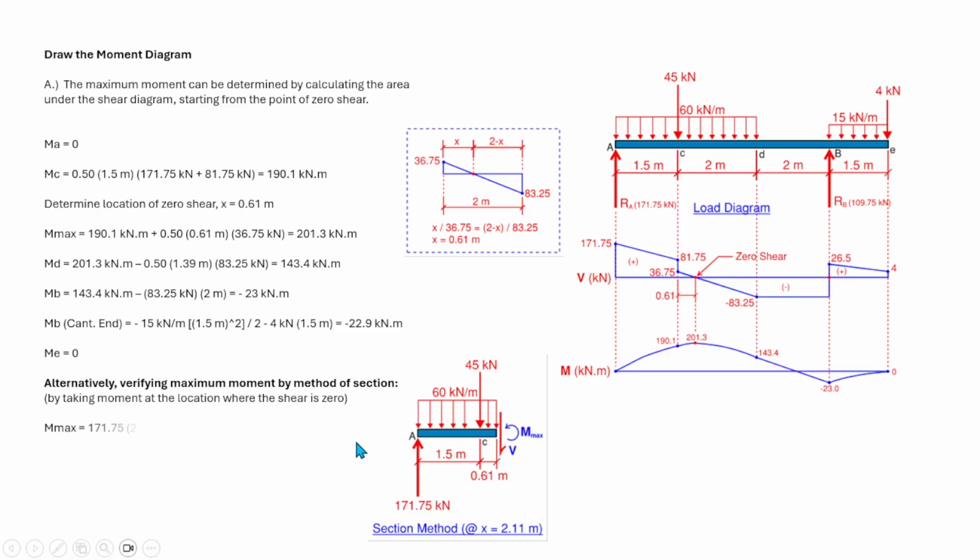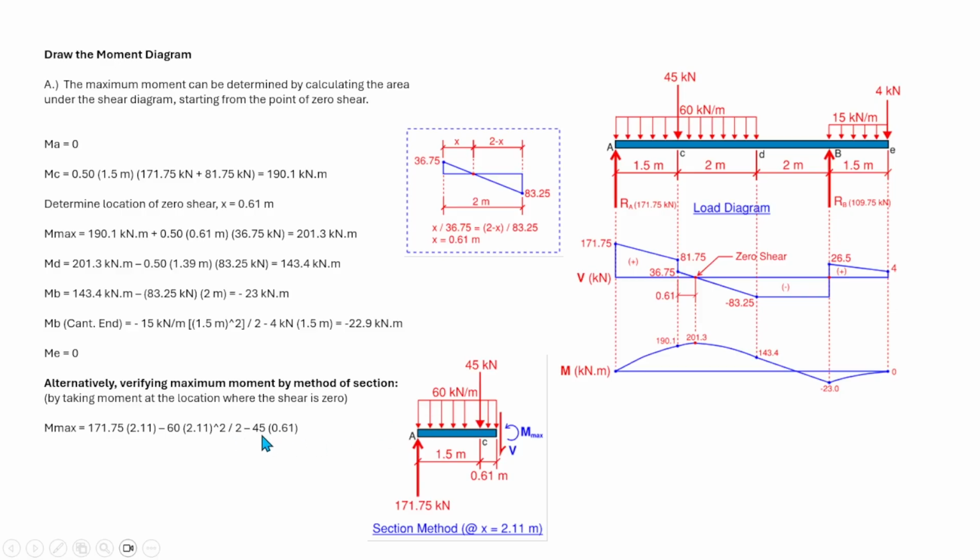So taking the moment by summing up moments at this location, positive clockwise, the maximum moment is equal to 171.75, which is the reaction at A, times 2.11, minus 60 times 2.11 squared over 2. That is due to the uniform load.